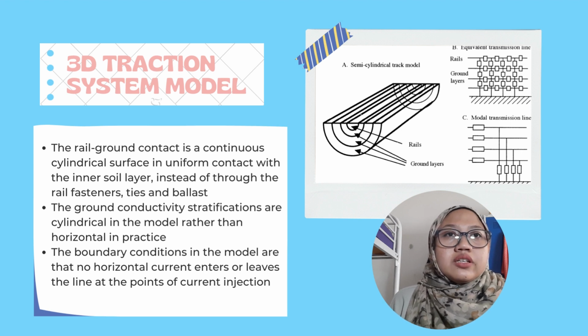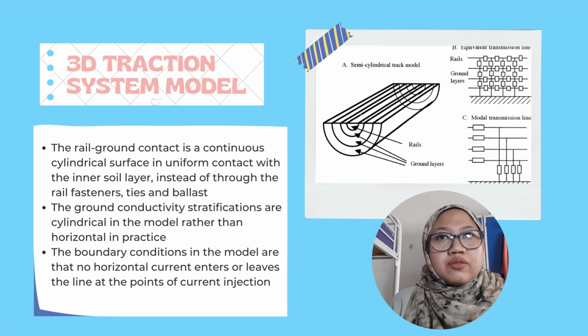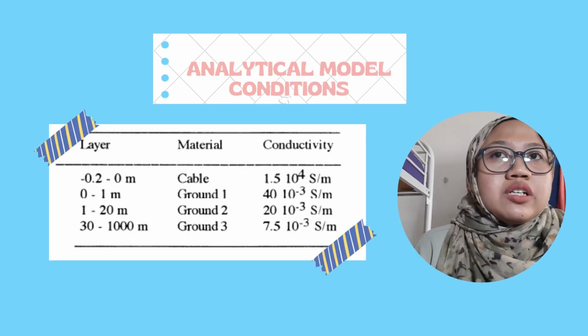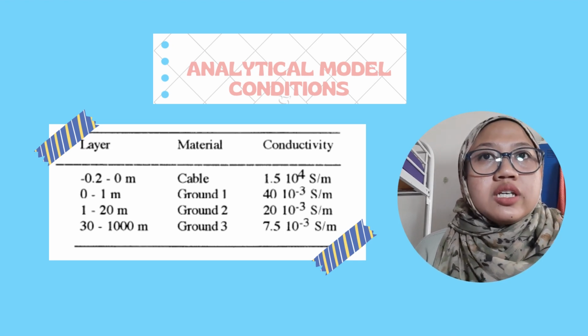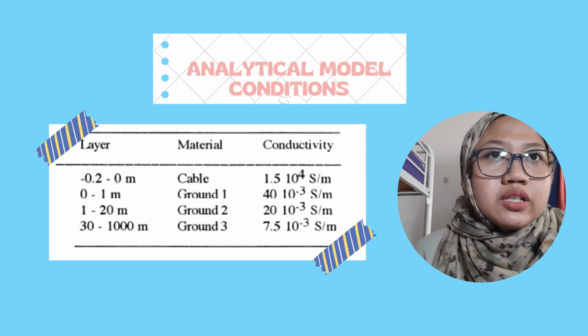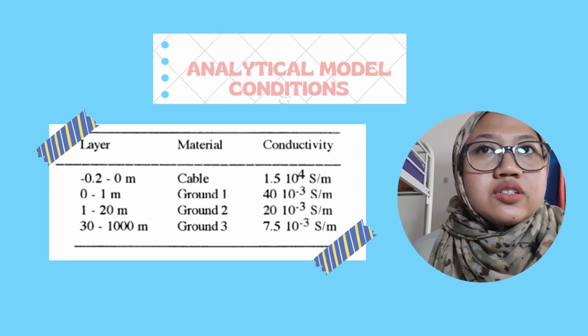A 3-layer ground conductivity profile was then imposed on the model to improve the result. Based on this table, it was an improvement compared with the constant ground conductivity model implicit in the propagation constant of the first result.